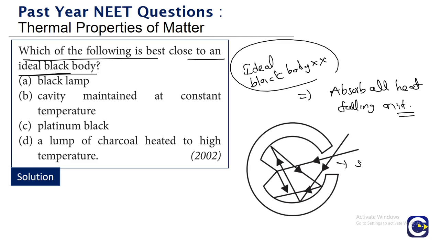So this is the small opening or cavity. And when we allow the light or radiation to go through this small opening, what could happen is, if you maintain the inside surface to be uneven, then whatever radiation goes in will undergo multiple reflections inside.